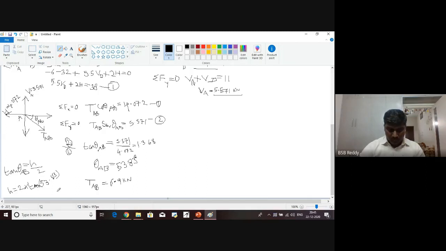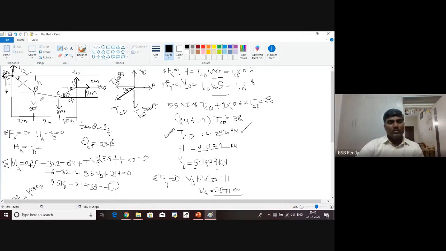The tan 53.83 value is 1.368, into 2. So 2.736. So H value is 2.736 meters. Okay, so that is how it is.